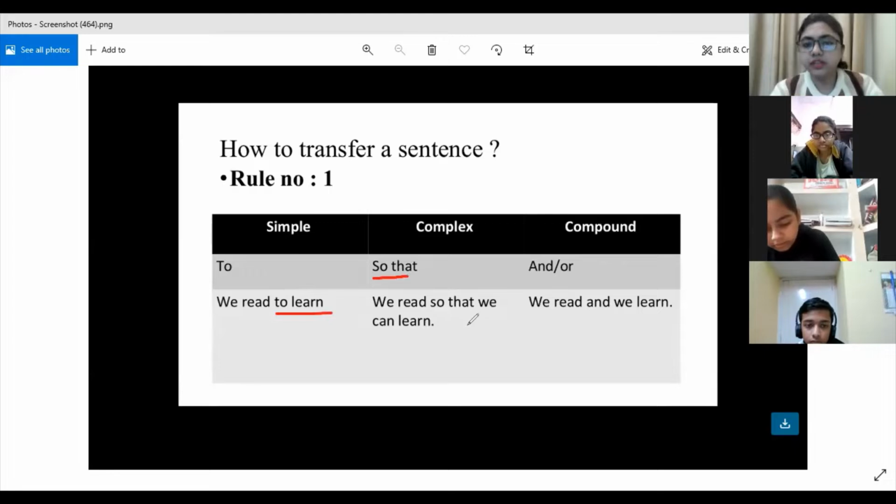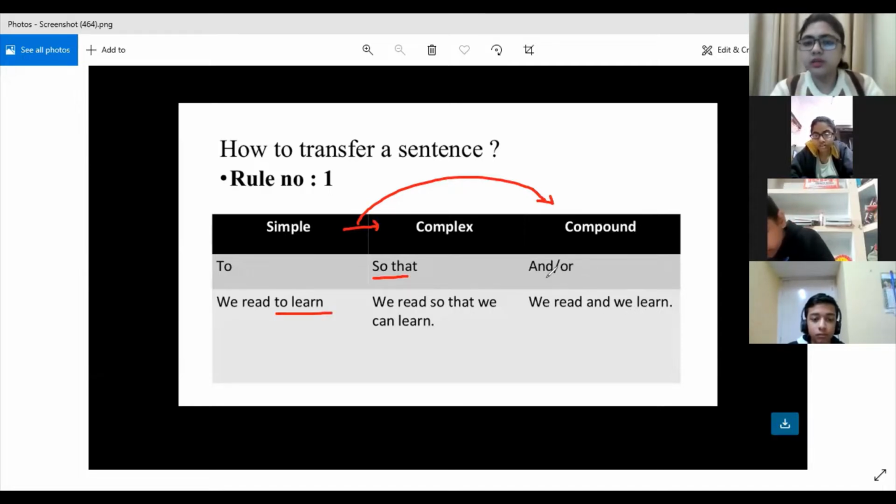So we read so that we can learn. If you are asked to transform a simple sentence into a complex sentence, then you will be using this rule. If you are asked to transform a simple sentence into a compound sentence, then you will skip this part and you have to remember that you have to use and or. We read and we learn.